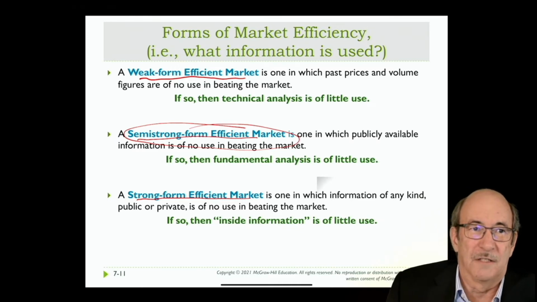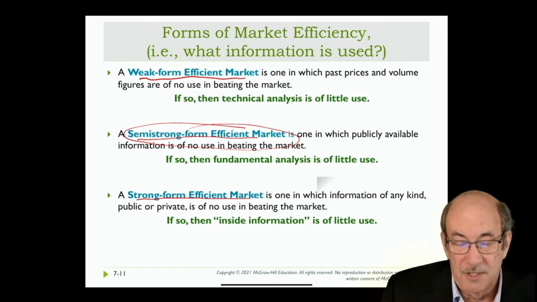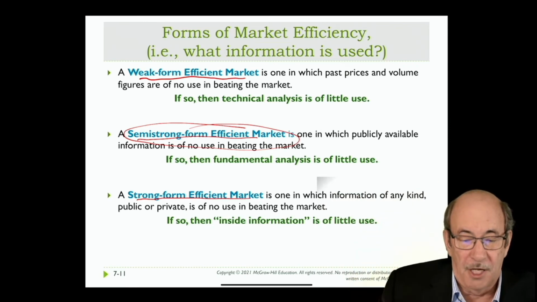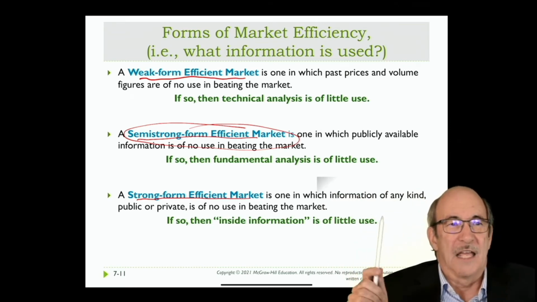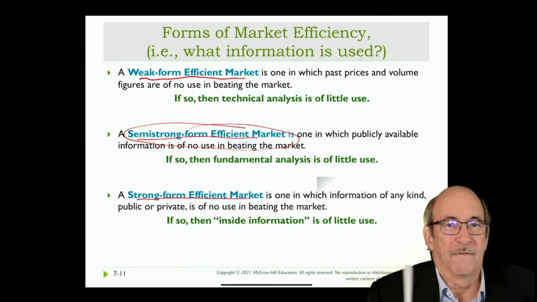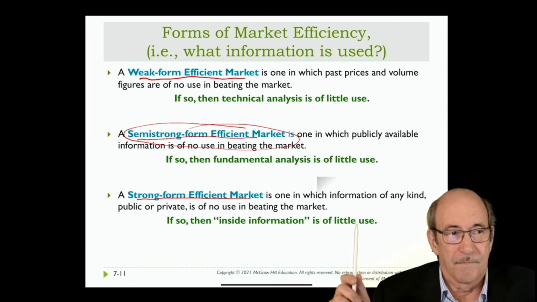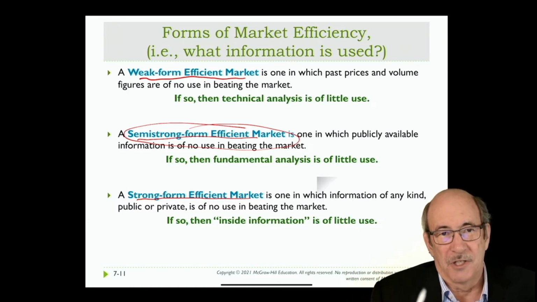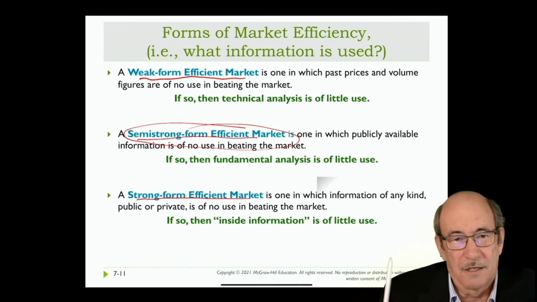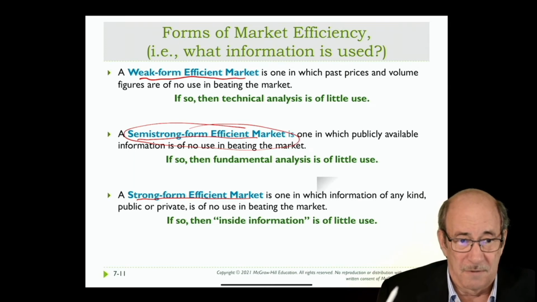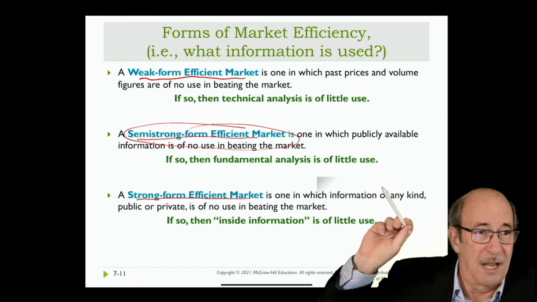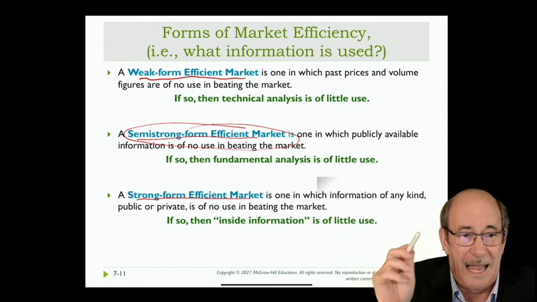And this last condition, strong form market efficiency, says, let me add one more piece of information to this whole thing. Even if I had all publicly available information, historical information, and all privately held information, I still can't beat the market. Now that's a really strong condition, because it's privately held information that you have, that I have, that anybody in the marketplace has.